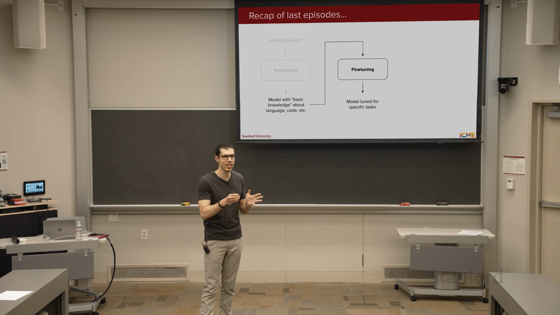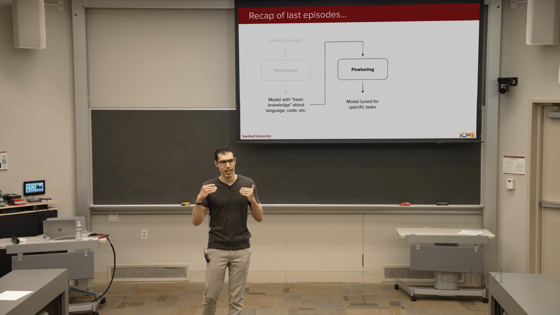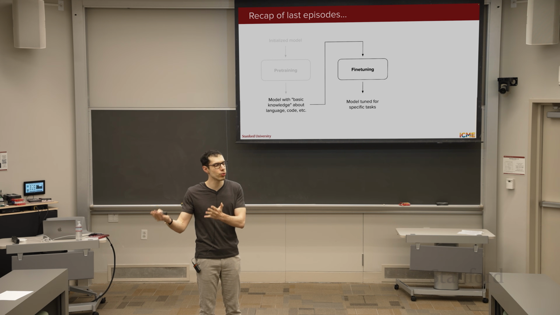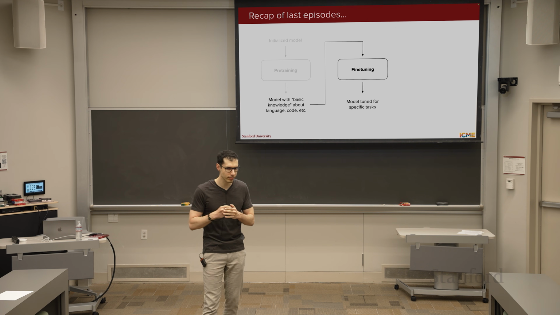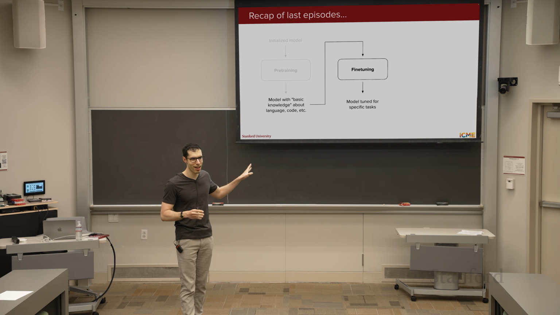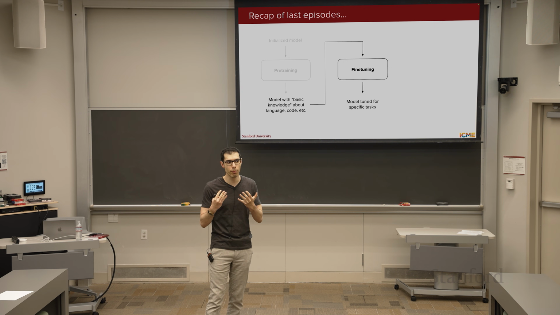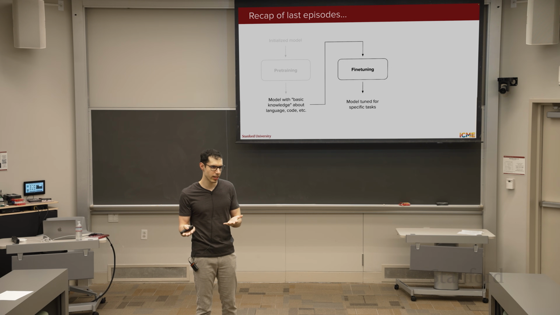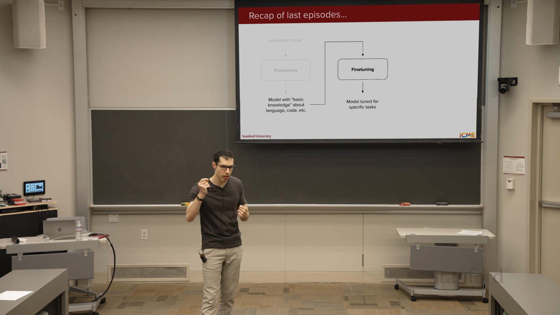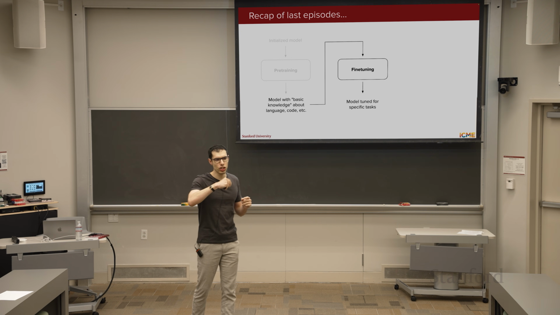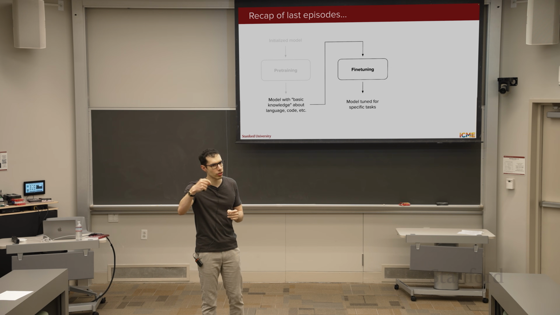The model already knows what language is, what code is, etc. And you're just trying to make it behave like the use case that you're trying to tune it for. Typically here you have a data set that is much smaller in scale, but of much higher quality. You're basically taking your pre-trained model and teaching it exactly which tokens to predict with the next token prediction task.